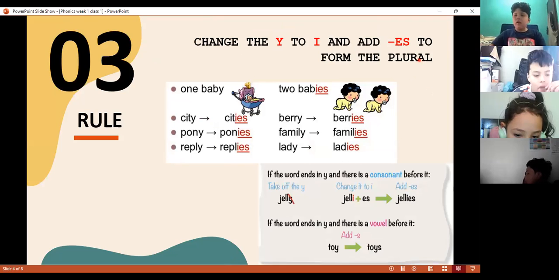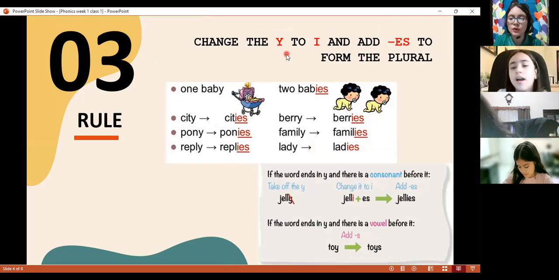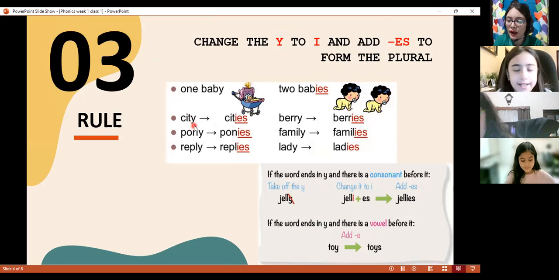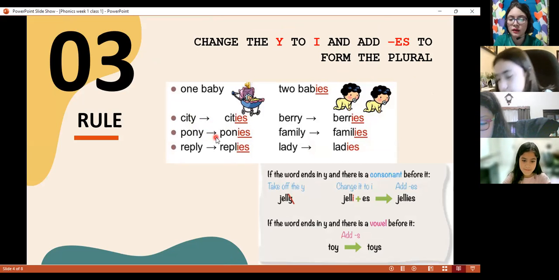Rule number 3, it says, change the Y to letter I and add the ES to form the plural. For example, city. What happened with city, class? We're going to change the letter Y that is at the end for letter I and add ES, cities. Pony, ponies. We change the Y for letter I.